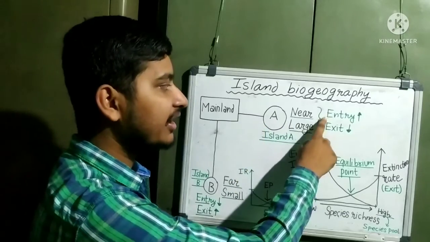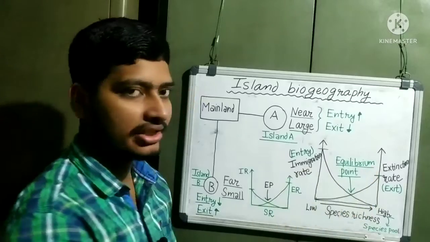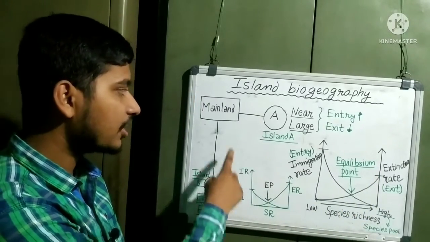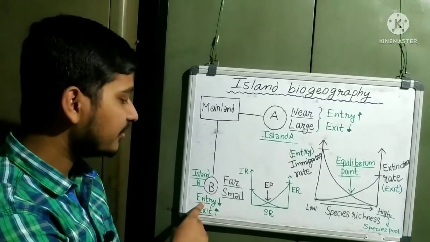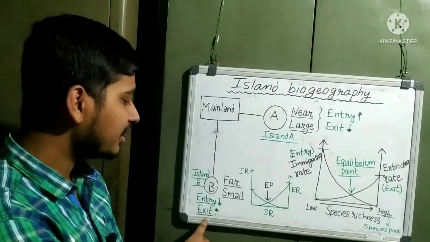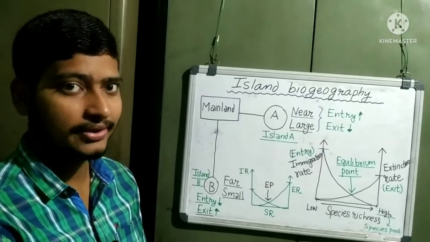Entry is immigration, exit is extinction. In island B, which is far from the mainland and small in size, there will be a low entry or immigration rate and a high exit or extinction rate.